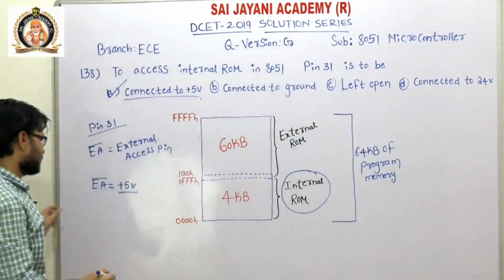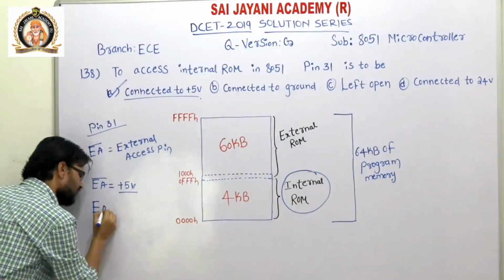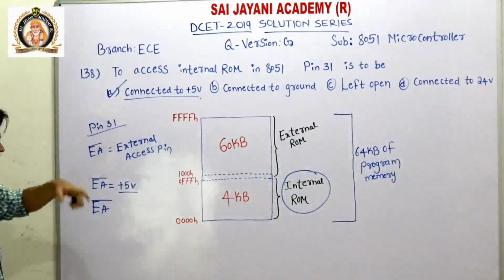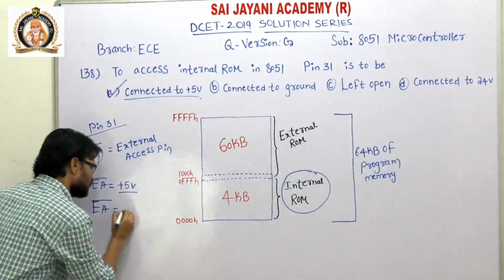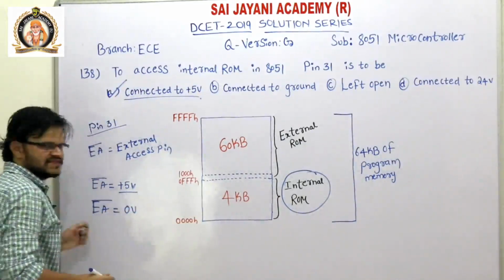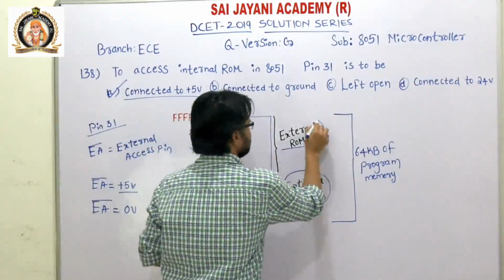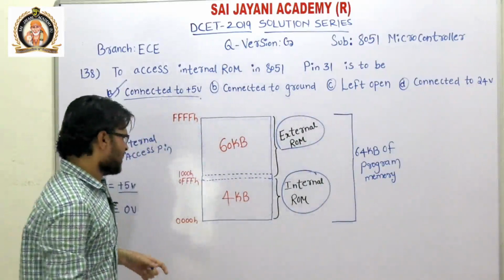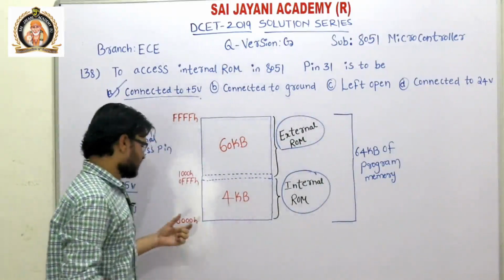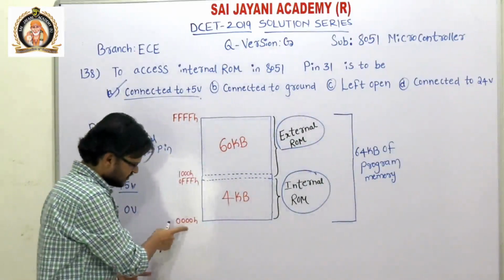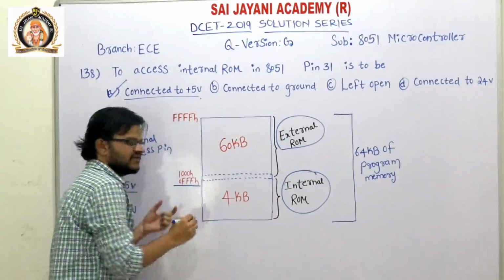Similarly, when pin number 31, that is EA bar, is connected to ground, that is 0 volt, then the program or code is stored in the external ROM. Here the internal ROM is ranging from 0000H to 0FFFH.